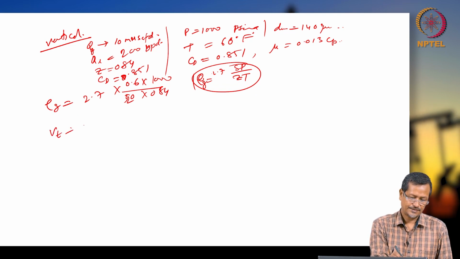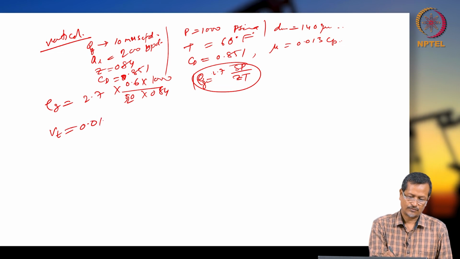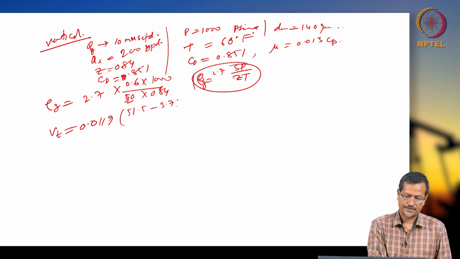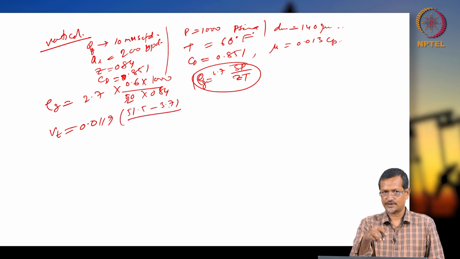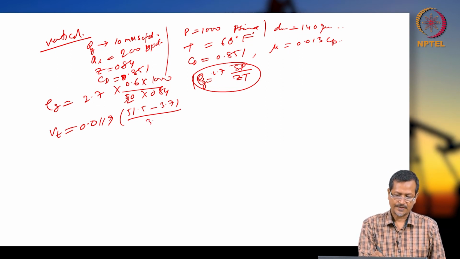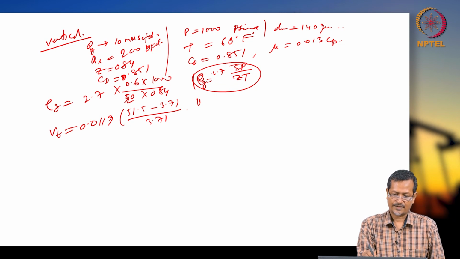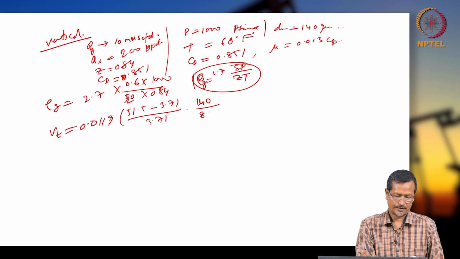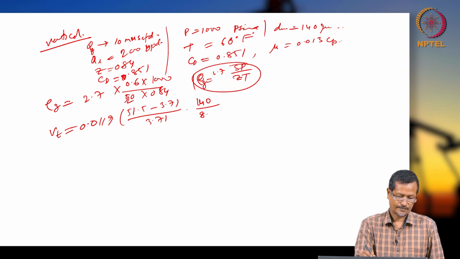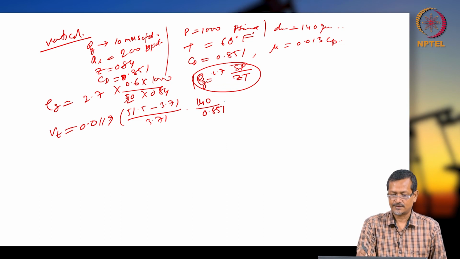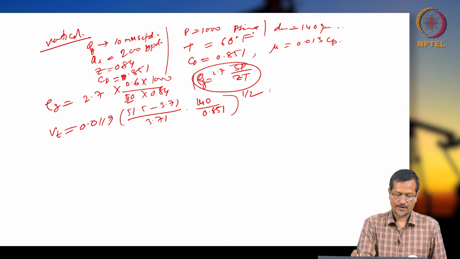So Vt equals 0.0119 times 51.5 minus 3.71 over 3.71. In the previous question, the horizontal separator, we have already converted, so I am putting the same thing here and not calculating again. 140 is your micron diameter, and CD value is given 0.851, and then it is power half.